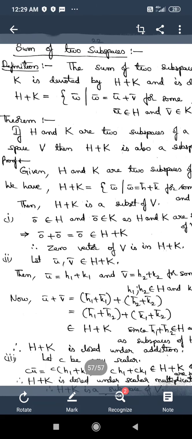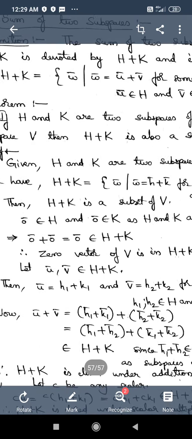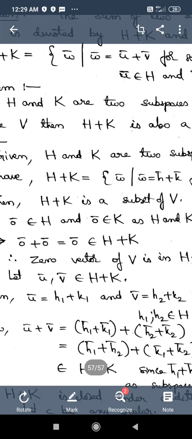And let us see whether the zero vector exists in H plus K. We know that H and K are subspaces of V, and for that reason 0 bar belongs to H, and at the same time 0 bar belongs to K. If 0 bar belongs to H and 0 bar belongs to K, then 0 bar plus 0 bar, which is a sum of a vector from H and another vector from K. If we suppose this first 0 bar is from H and the second 0 bar is from K, then their sum should belong to the set H plus K. But what is 0 bar plus 0 bar?